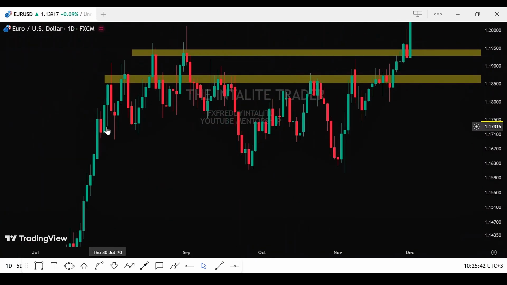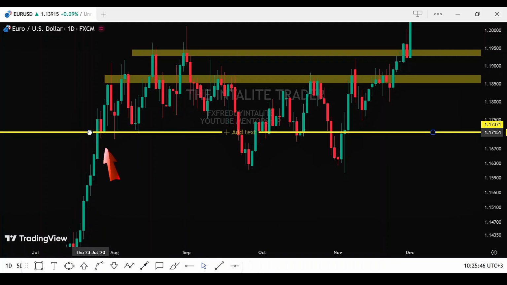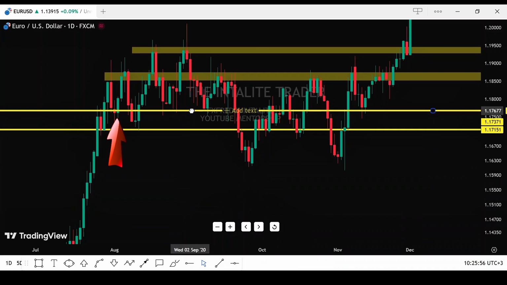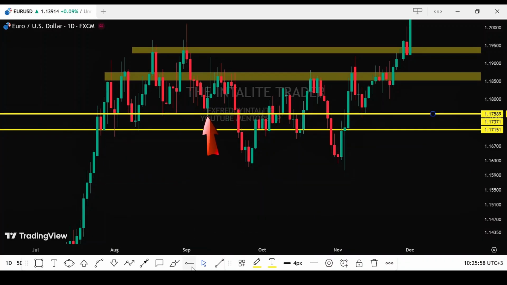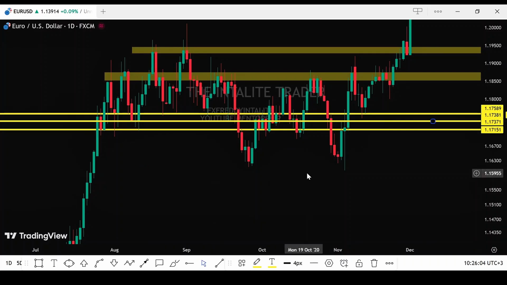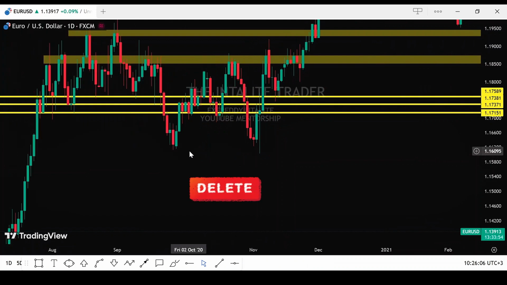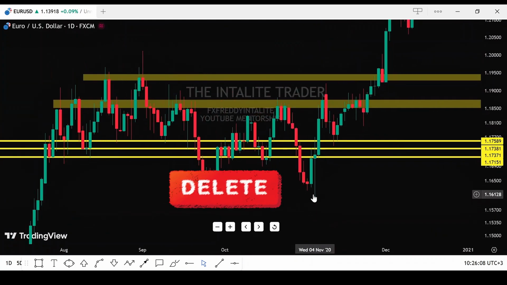The same thing applies to this. You could say this is candle body close, candle body close here, then candle body close. The same thing, it leads to analysis paralysis.